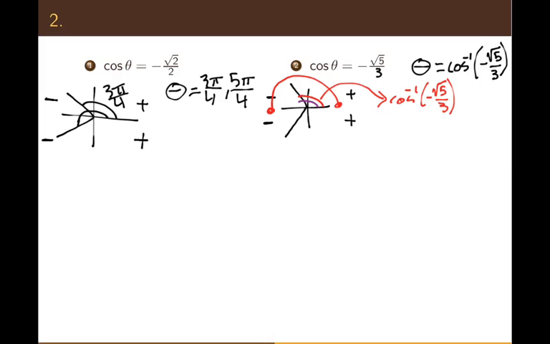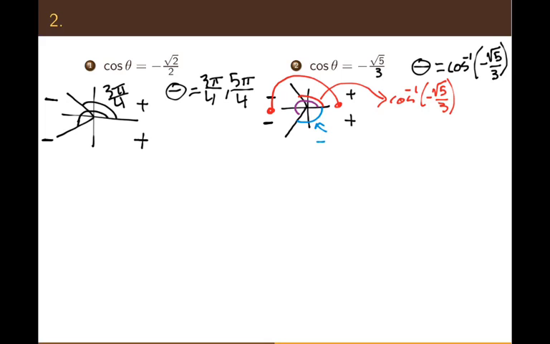Let's figure out this angle right there. To figure out that angle, I notice that this angle down here is also cosine inverse of negative square root of 5 over 3. But this one is going to be the negative angle.